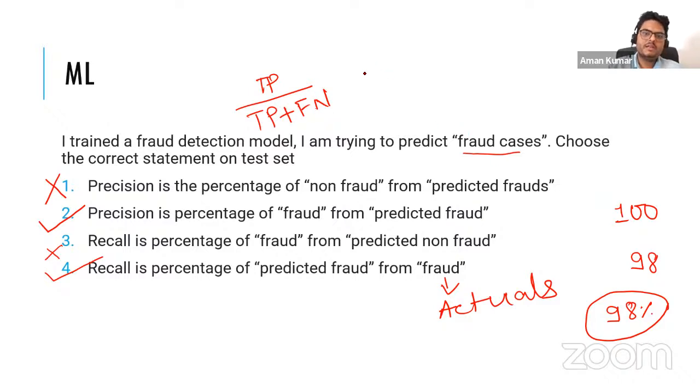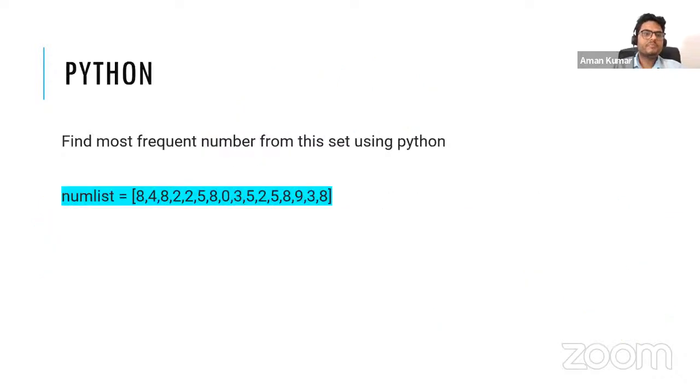This is your 98 by 100. Your FN is 2 in this case and your TP is 98. I think everybody is fine with this. This is correct, I believe. If you are not happy with this, Imtiaz, you can send me an email. Okay, that's fine. Let's move to the next one.